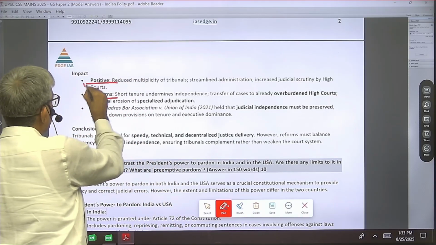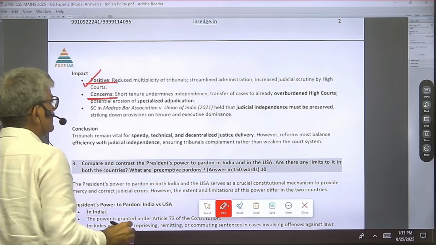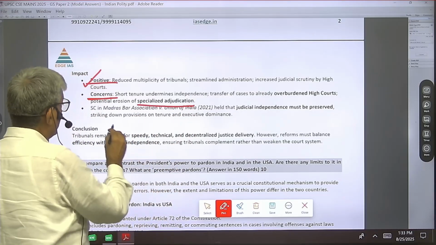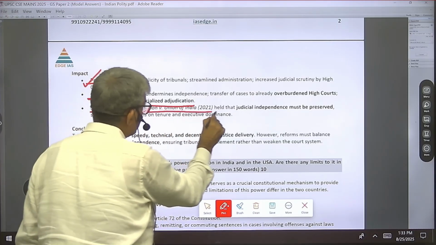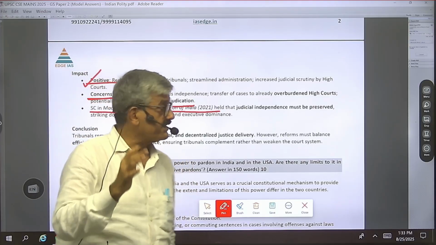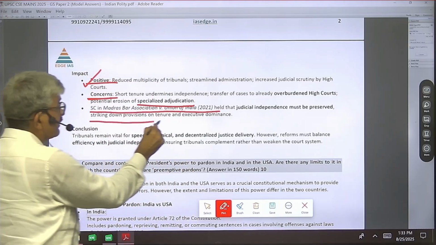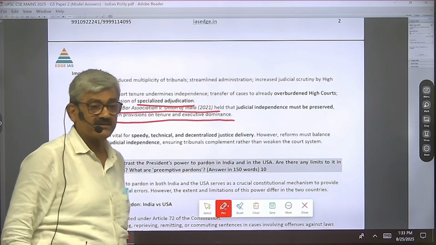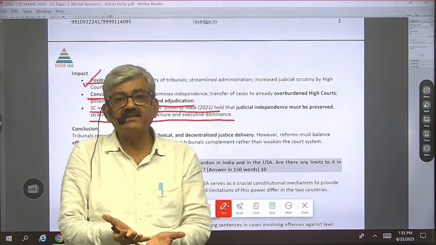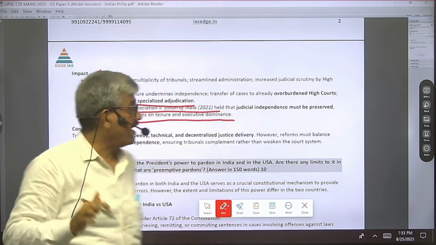Therefore, these are the positive trends, and there are still certain concerns about specialized jurisdiction. There is an important Supreme Court judgment in 2021 that judicial independence must be preserved, striking down the previous tenure provisions and executive dominance. Therefore, these points make the entire framework for answering this question.